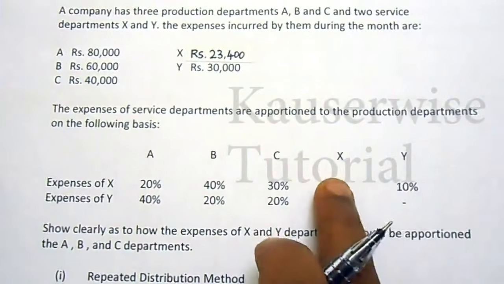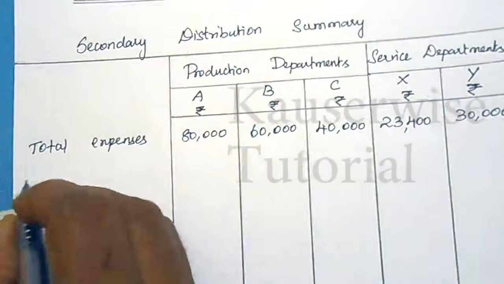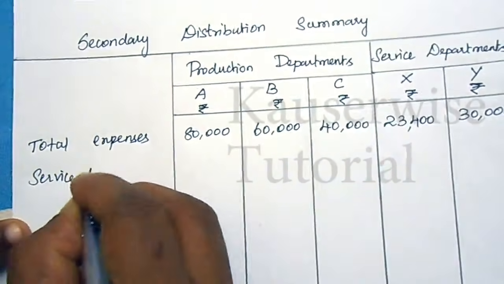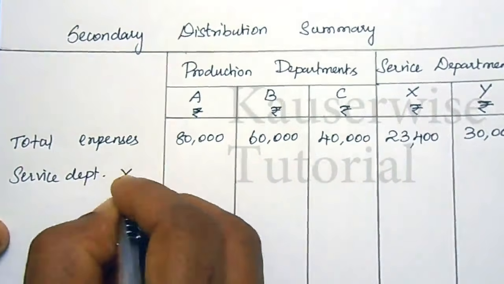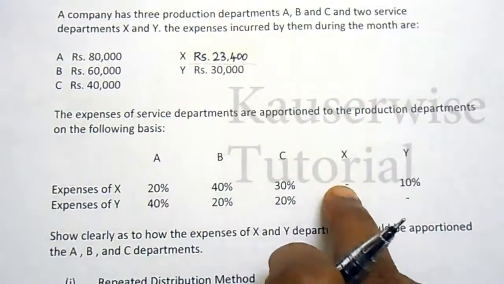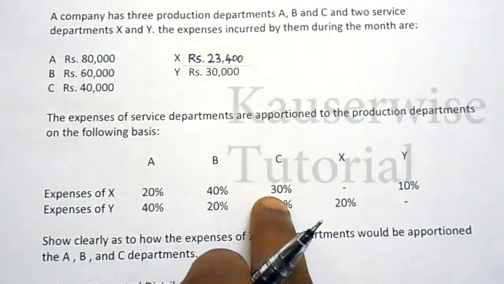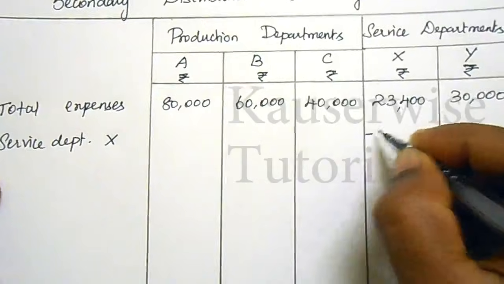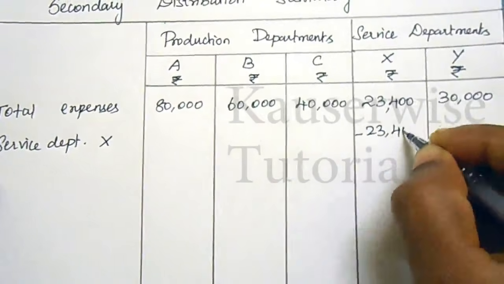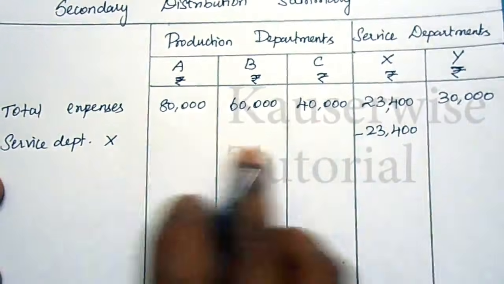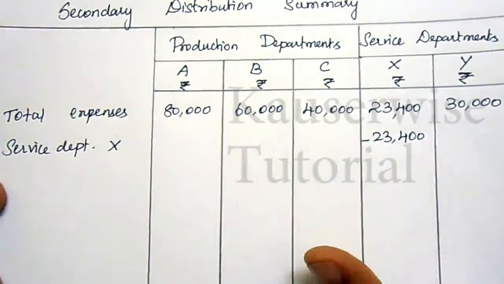So first start with X department. So first one, service department X. For service department X, this will be applicable 20 is to 40 is to 30 is to 10. So this will be taken up and this will be redistributed to all other departments according to the percentage which is given in the problem.